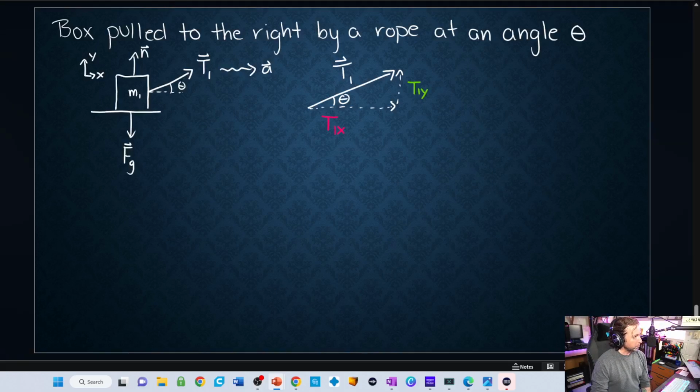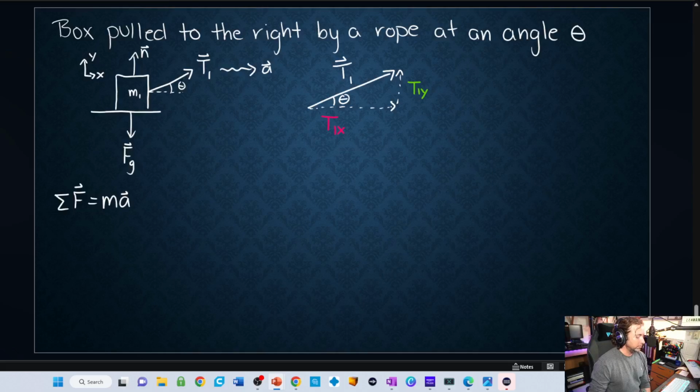Okay. So where do we go from here? Well, kind of business as usual, right? So let's just add up. Let's do what Newton's second law tells us to do. Add up the forces, set them equal to MA.